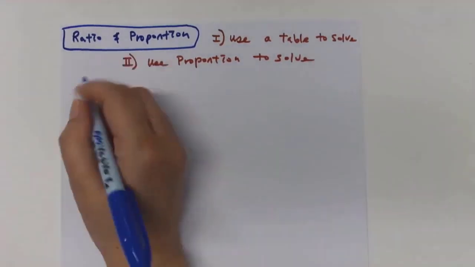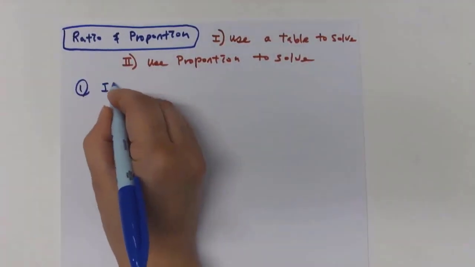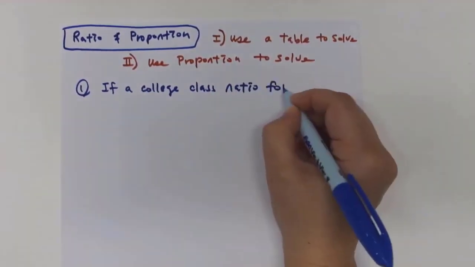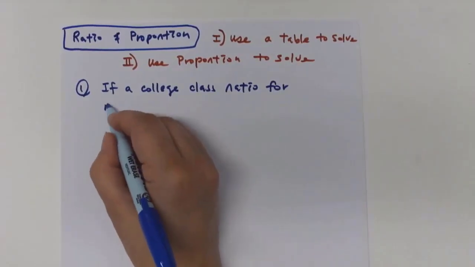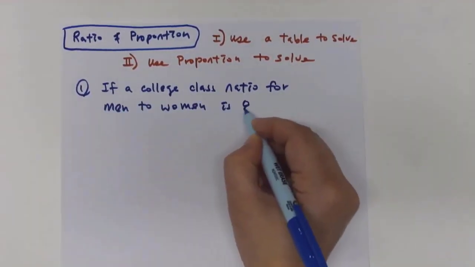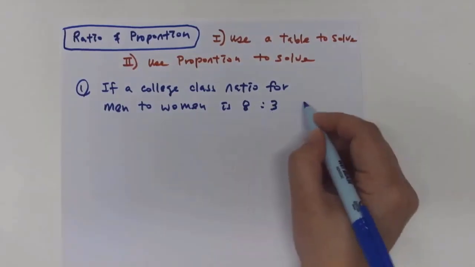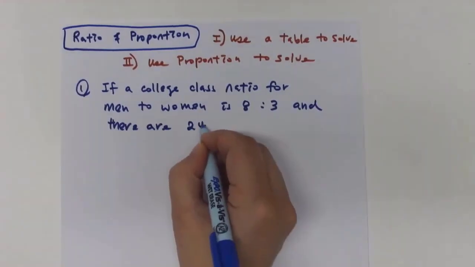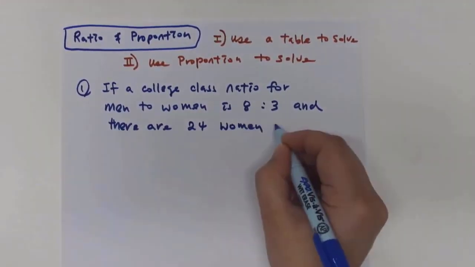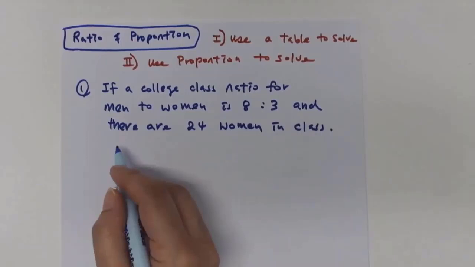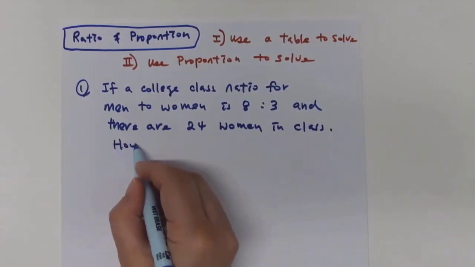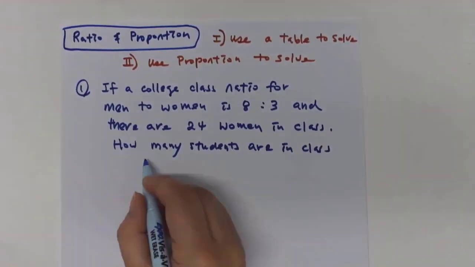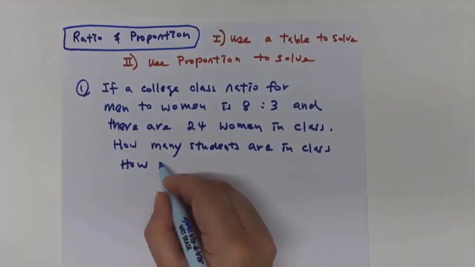The first question says, if a college class ratio for men to women is 8 to 3, and there are 24 women in class, they want to know how many students are in class and how many are men.